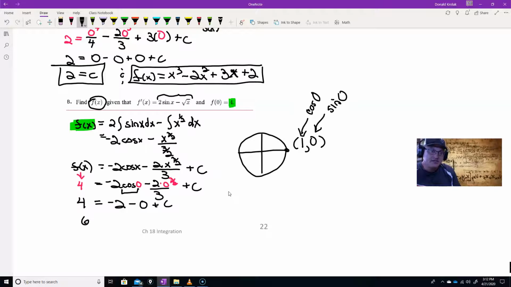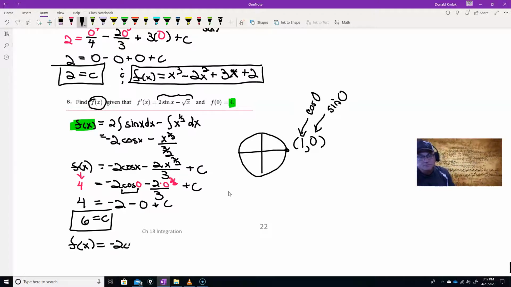Add 2 to both sides, and I get c is equal to 6. And then our original function plus 6.